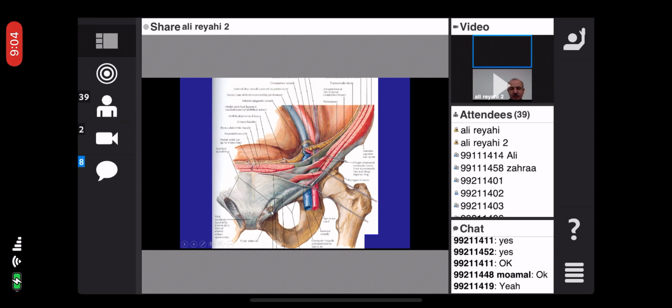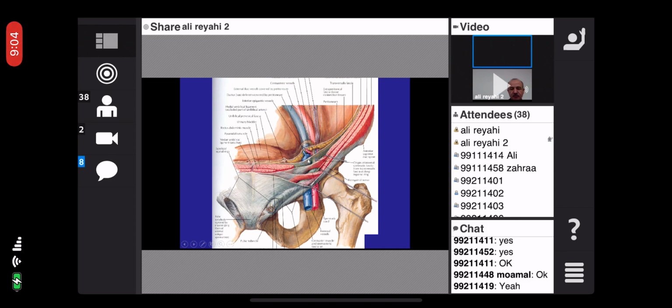It enters the inguinal canal and reaches the testis. For example, it's called internal spermatic fascia. This funnel shape here forms the deep inguinal ring.